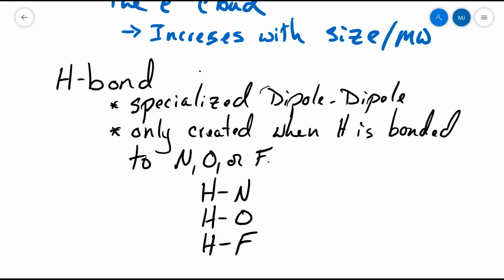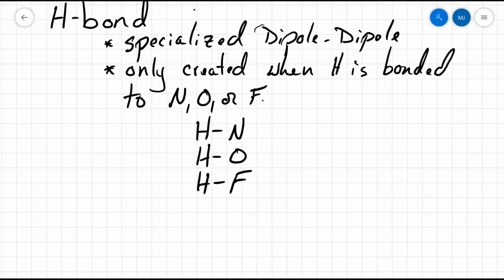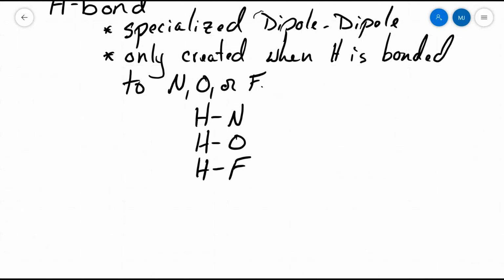Alright, those are the bonds that must exist. H to N, H to O, or H to F. Now, this is looking at the molecule. This is not the intermolecular force yet. When I talk about the hydrogen bond intermolecular force, it's to another molecule. Right now I'm looking at how it's created.